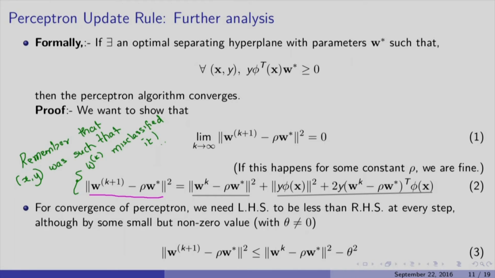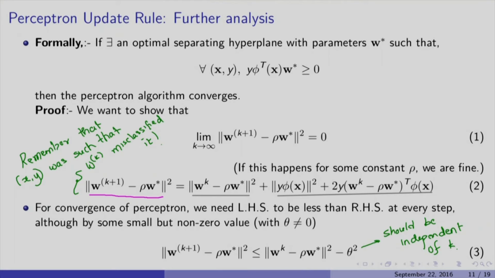So for convergence of perceptron, we need the left hand side to be less than the right hand side at every step, and it is desirable that it is less by some constant value, again which is independent of the iterations. So this constant theta square should be independent of k.